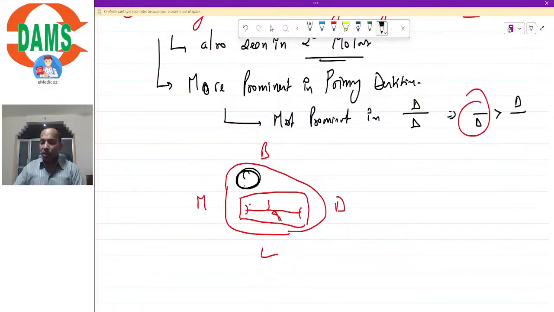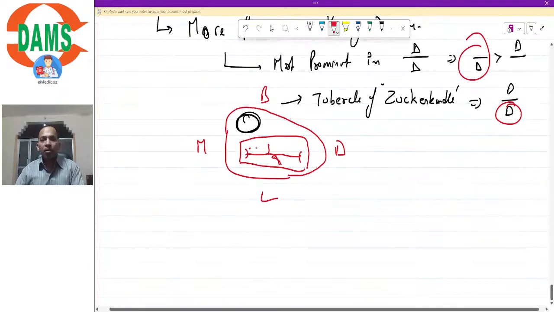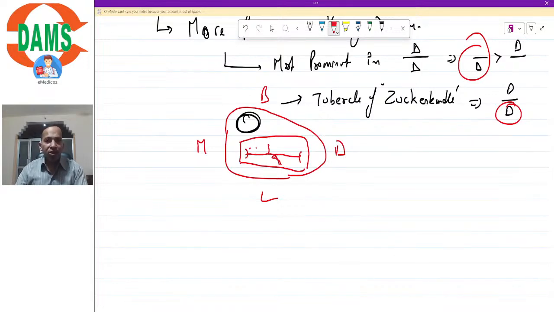It almost appears like a tubercle, and that's why it is named the tubercle of Zuckerkandl. This tubercle is present in both upper and lower first molars, but it is more prominent on the lower first molar. It is unique to primary first molars, and it is most prominent in the primary mandibular first molar, right?